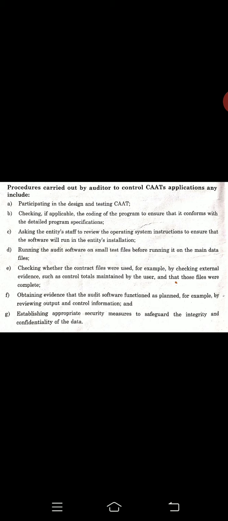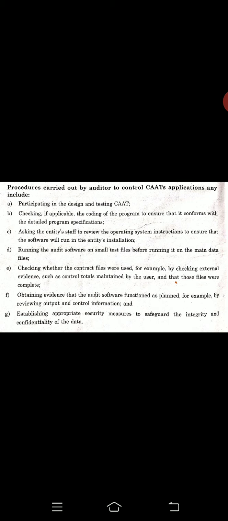Then running the audit software on small test files before running it on the main data files.